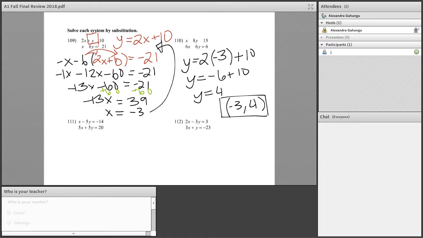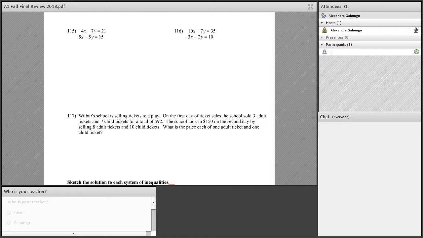I've gone through graphing, slope-intercept form, point-slope form, all that stuff, and I'm working my way down to the rest of the semester, which was like elimination, word problems, all that stuff. I think I skipped a section. Hold on.